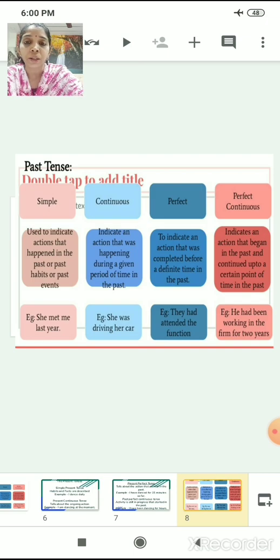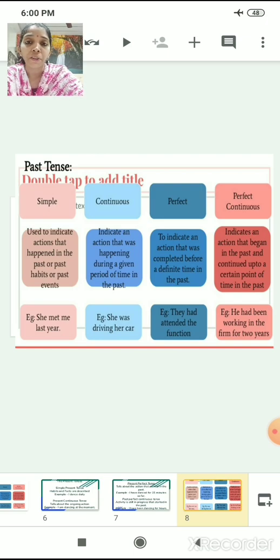For example, she met me last year. Past continuous tense indicates an action that was happening during a given period of time in the past. For example, she was driving her car.